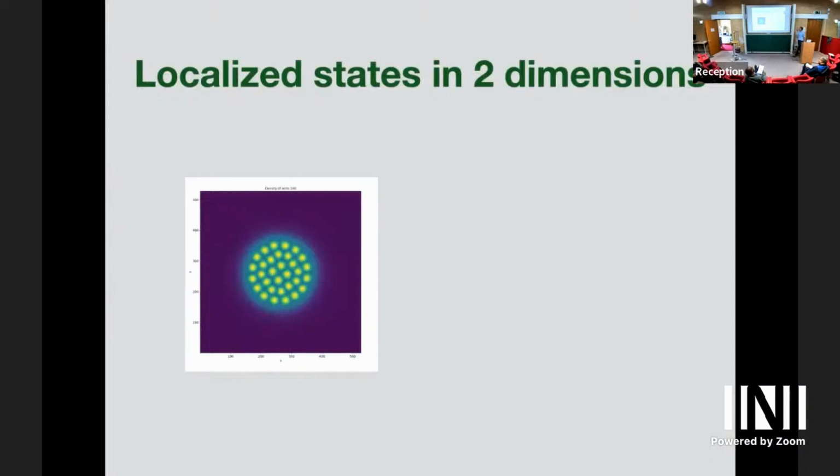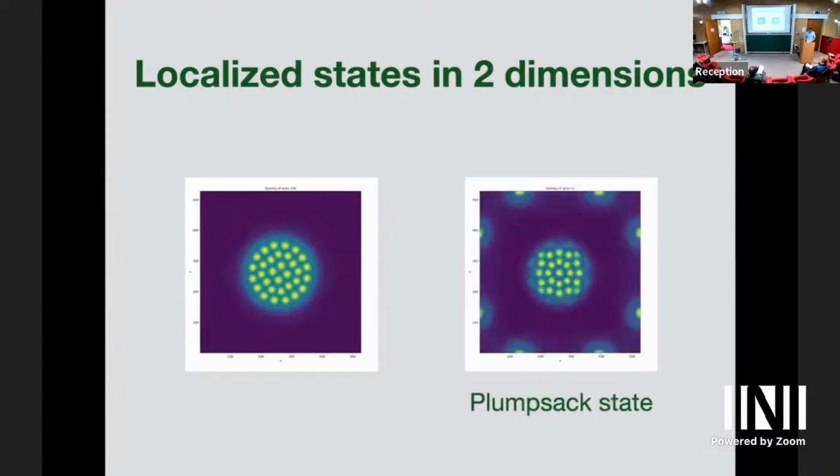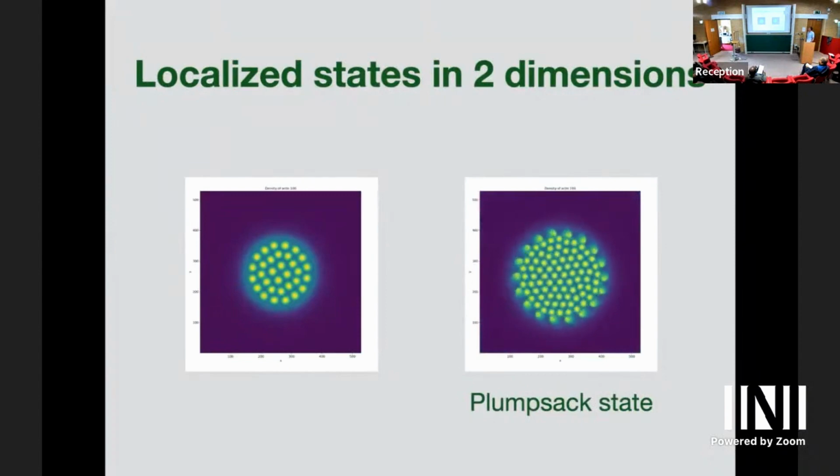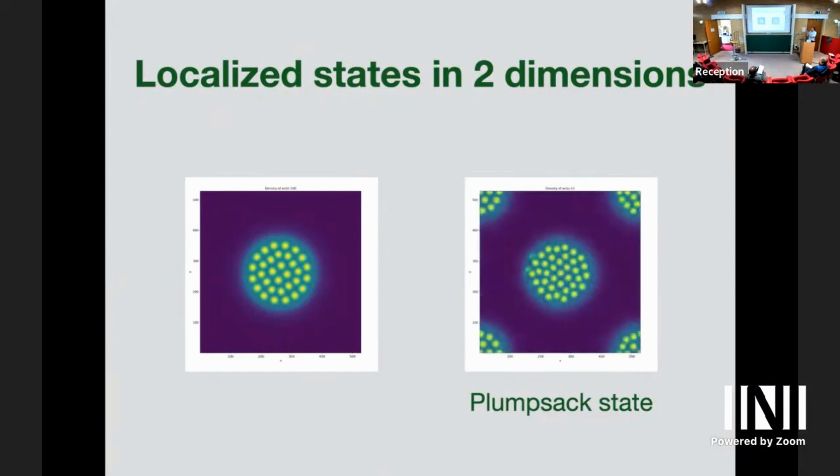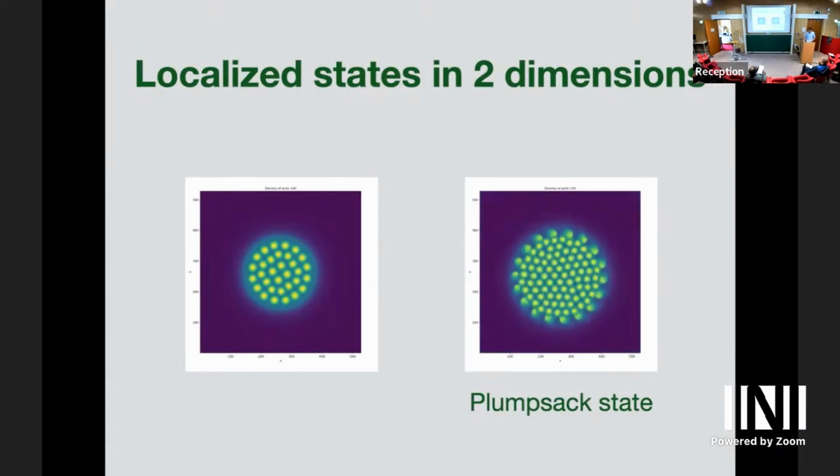It's really just to show you that you can also have, in this case, localized states with some internal structure, and then you can have even more interesting states that are dynamic, where you have the final state, where you have some more or less stationary part in the center, and then you have these blobs going around.